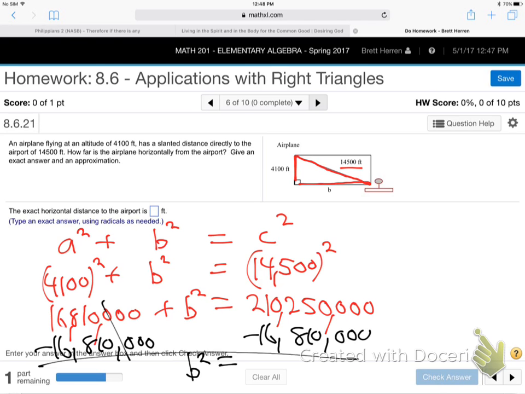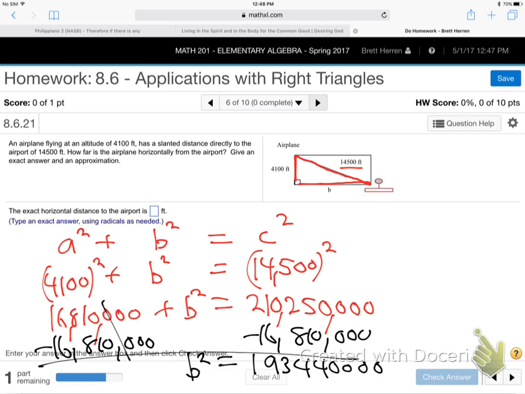So we got this thing, 193440000. Is that right? 19344 and 4 zeros. Looks good. That's a big number. Yeah, looks right to me.